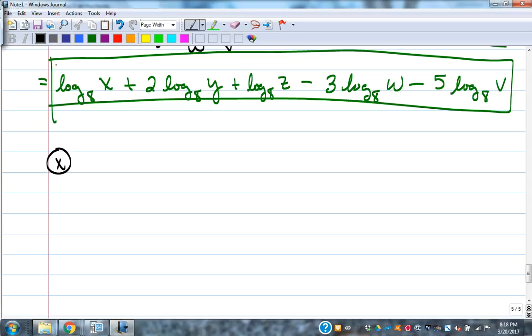Example X. Let's do log base 2 of 8 x to the fourth y squared over 7 w z to the third.